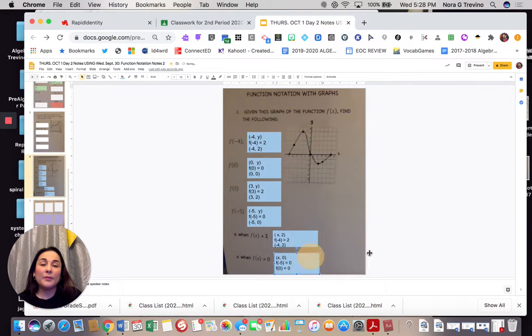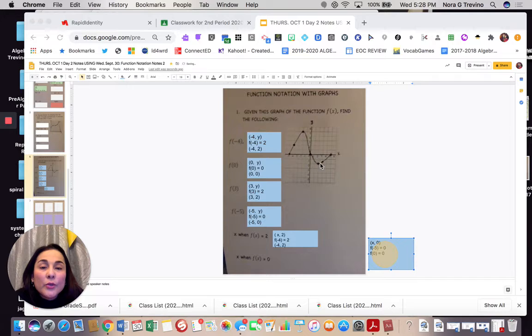Okay, let me move it over here. Okay, then I keep checking. 2, negative 3, no. 3, negative 2, no. But 5, 0, 5, 0. It also has a 0 on the y. So f of 5 also equals 0.